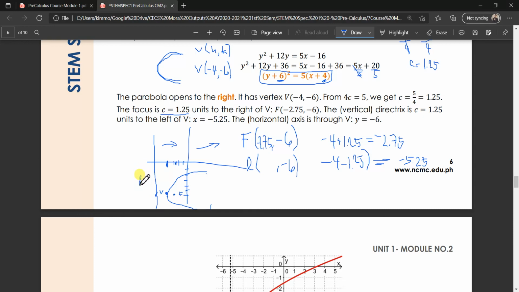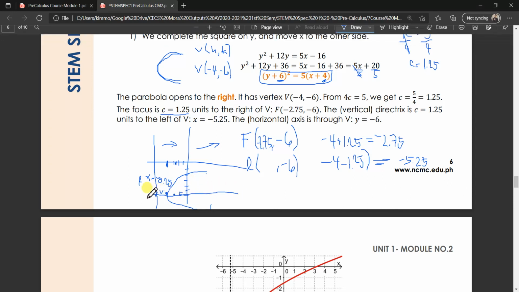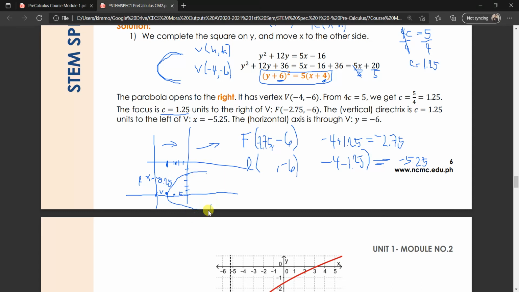So this is our line. It touches the x-axis. So this is x is equal to negative 5.25. Okay? Then the axis of symmetry is the line that divides the parabola. Again, it is touching the y part of the Cartesian plane, and its value is negative 6.